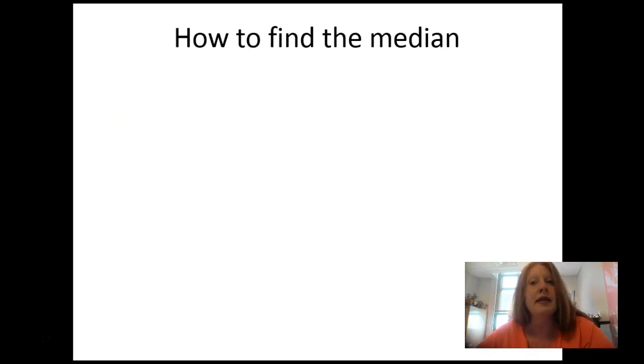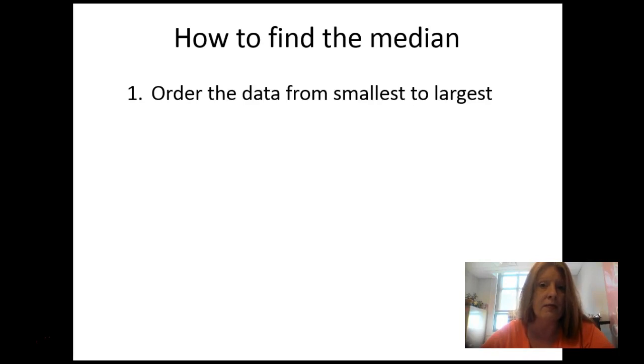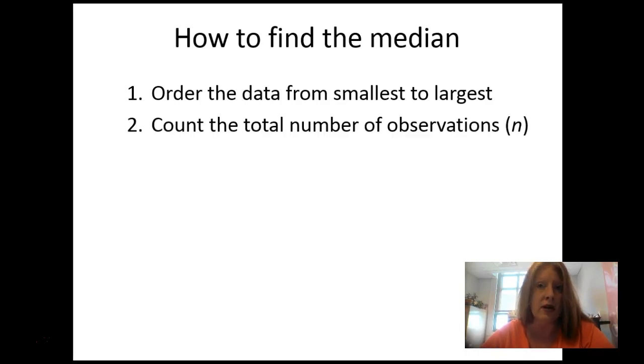Finding the median, I think, might be a little bit harder, and it might not be something that you normally do. I think finding the average is maybe a little bit more common than actually finding the median of the data set. And how you find the median is going to depend on how many values you have in the data set, whether you have an odd number to start off with or an even number. So again, the very first super critical step is to order all the data from smallest to largest.